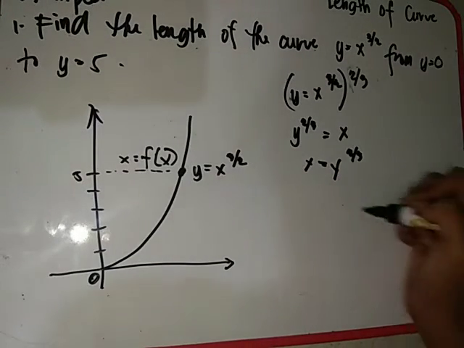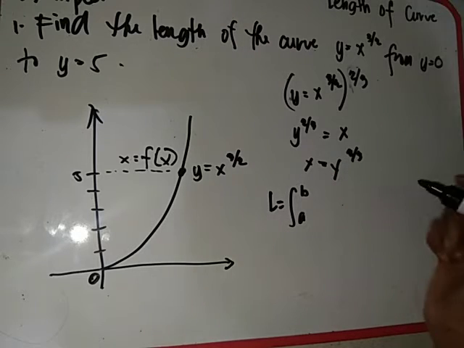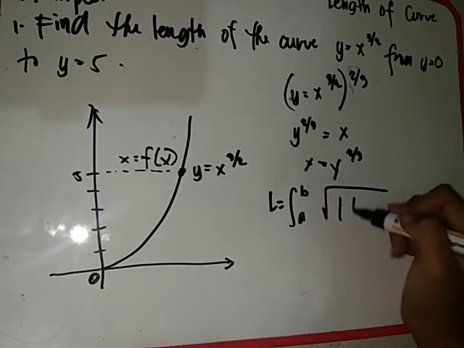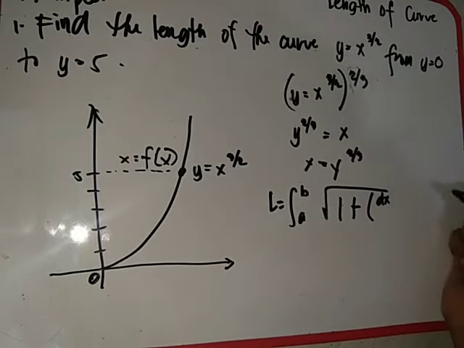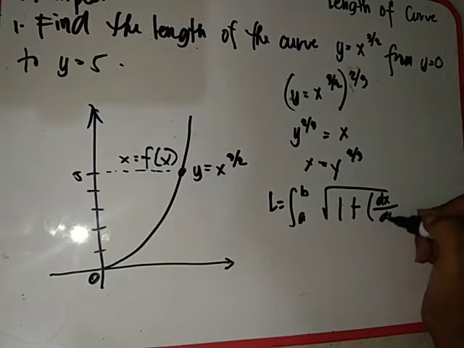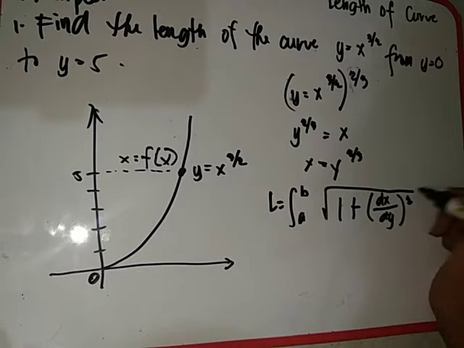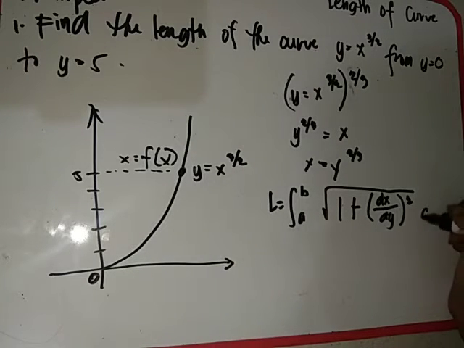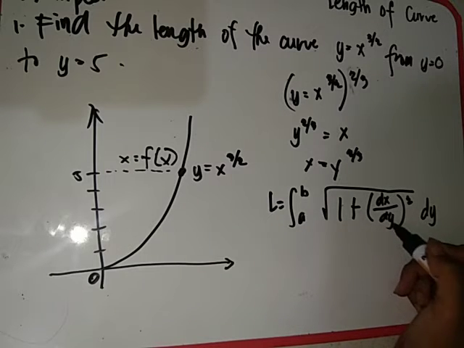So we have the length that is equal to the integration from a to b of the square root of 1 plus dx over dy squared dy, or we can write it as x prime.